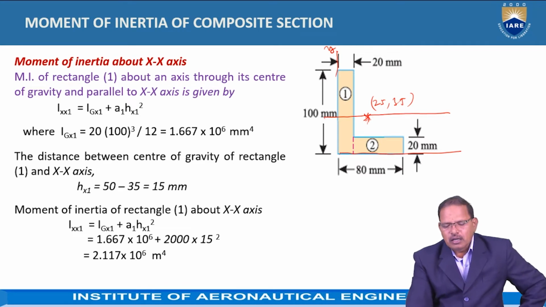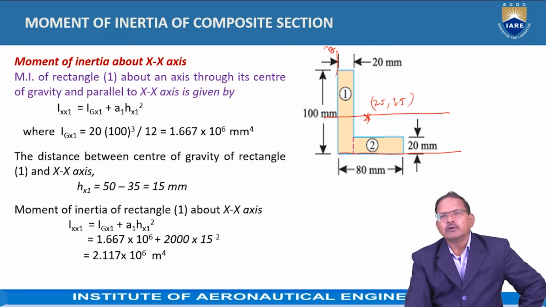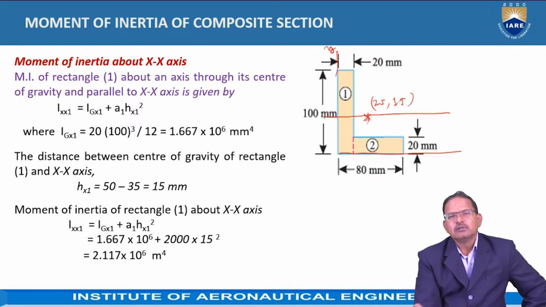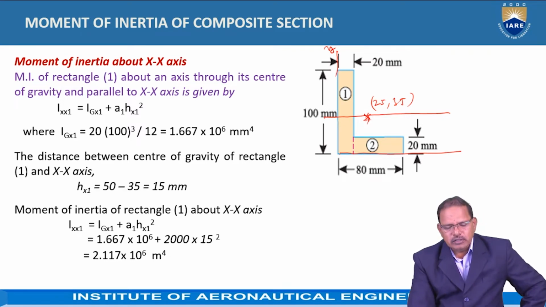Now, the moment of inertia of the entire section about the horizontal axis: we take Ix1 for the first figure, the first rectangle, which is equal to Igx1 plus A1 h1 whole square.